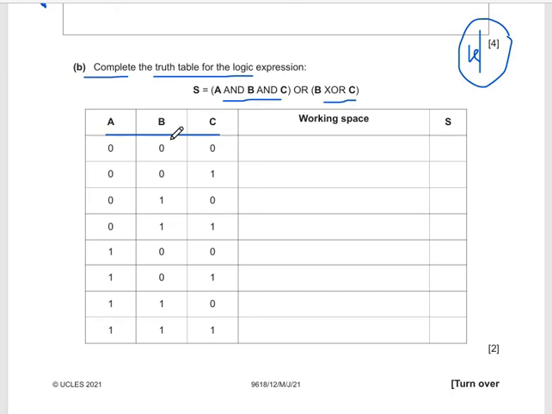If any one is false, it will be false, or you can say the output is 1 if all the inputs are 1. So here you can see 0 0 1 gives 0, 0 1 0 is also 0, 0 1 1 is also 0, 1 0 0 is also 0, and so on, and only the last one is 1.